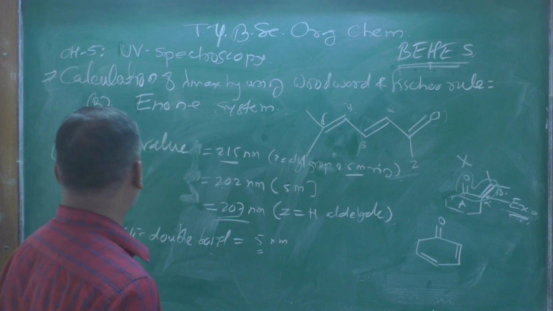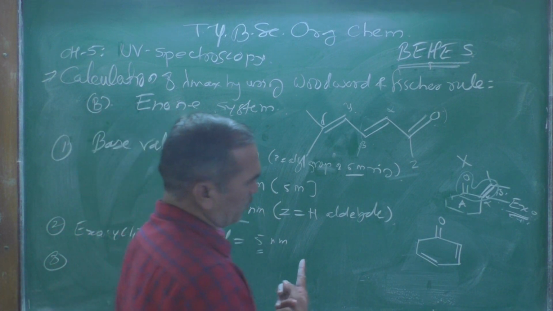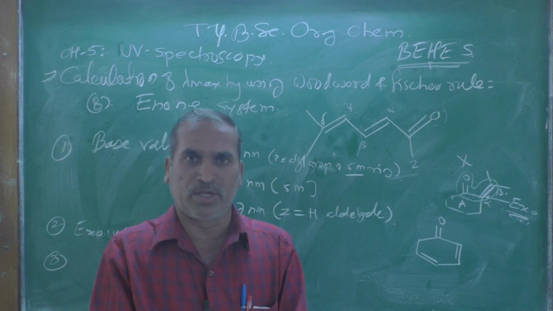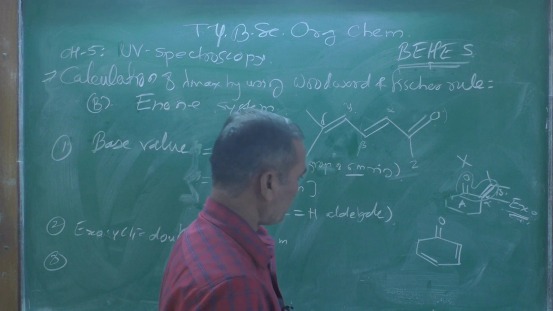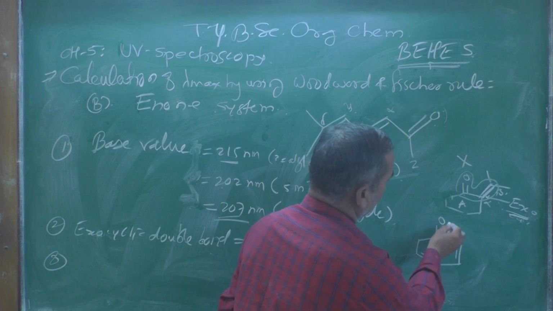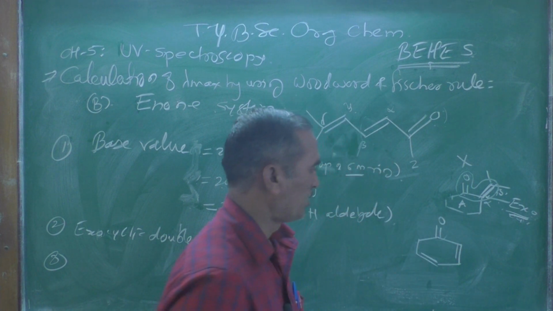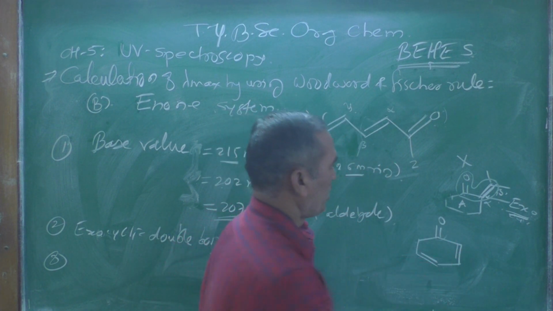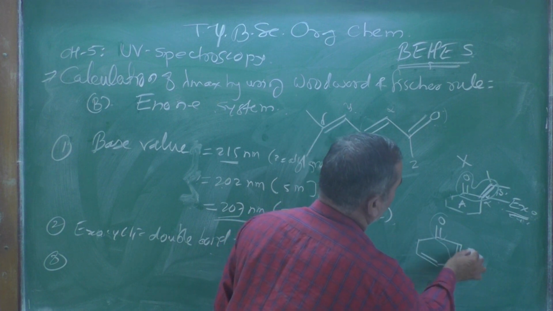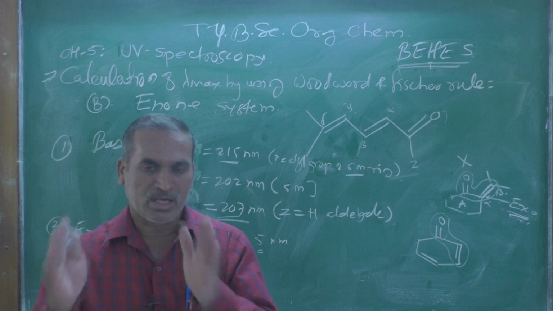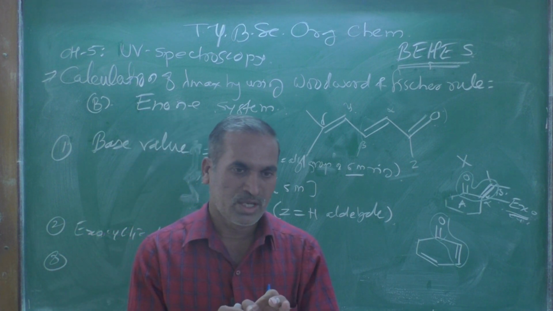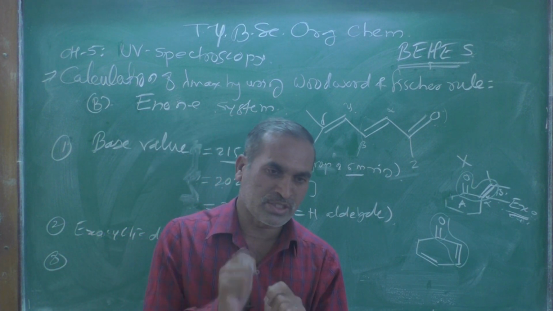Now we are discussing, if you observe this structure carefully, what do you see? Look here. There is a carbonyl group, single bond and double bond, and therefore this system is termed an enone system. Does this molecule have an enone system?